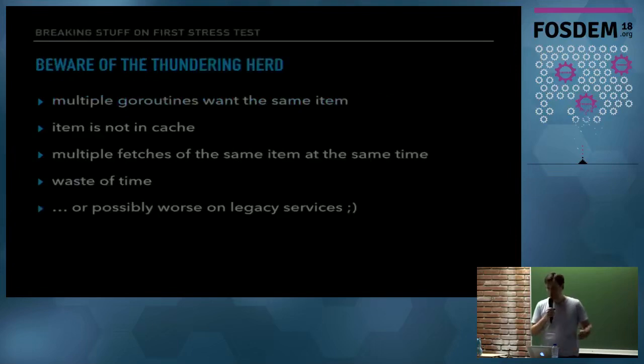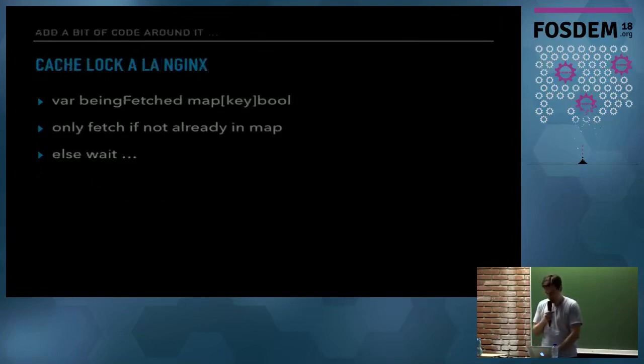But beware of the thundering herd, when multiple goroutines at the same time want a missing item. They will fetch it at the same time, and you can do bad things to the slow service behind. So you can use a cache lock by implementing a map. It's just an example there.